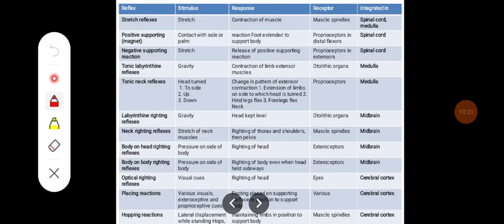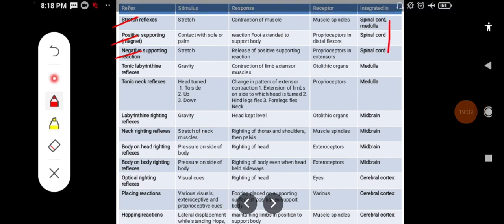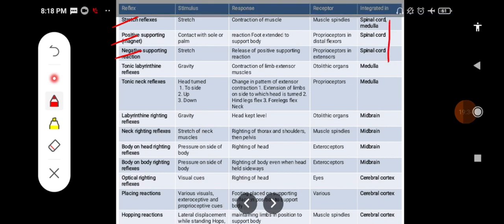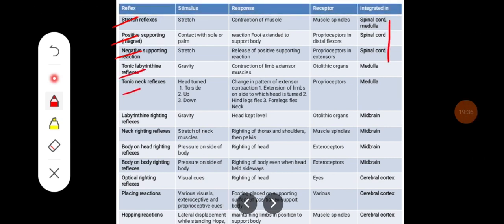Okay. So these are the various postural reflexes. Stretch reflexes, positive supporting and negative supporting reactions are integrated at the spinal cord, whereas labyrinthine reflexes, tonic labyrinthine and tonic neck reflexes are integrated at the medulla.